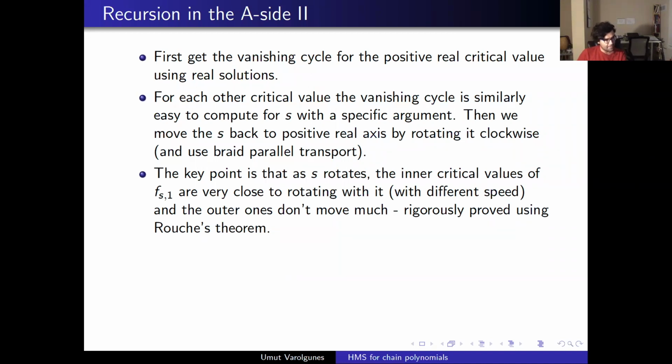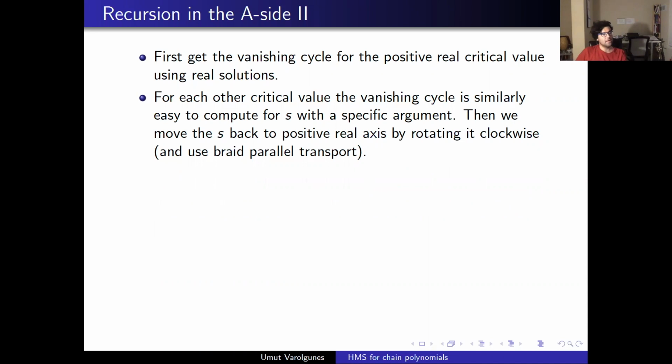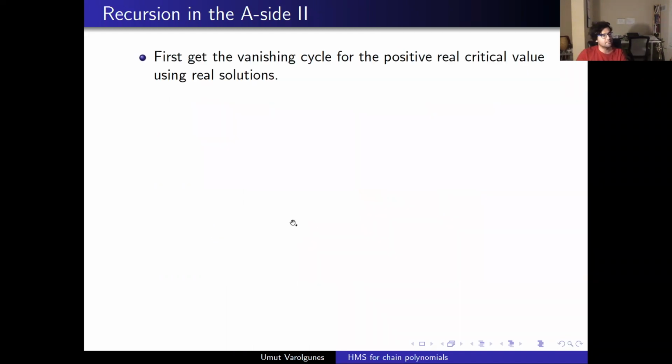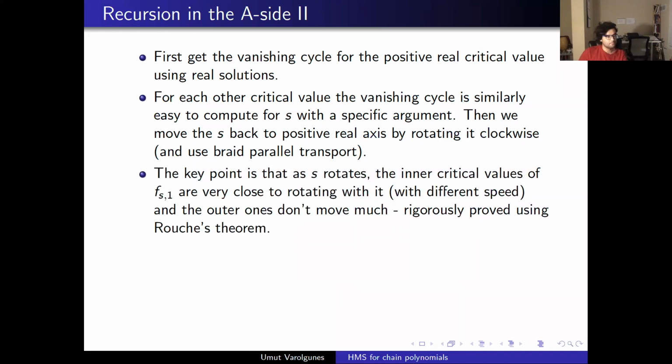And the point is that as S rotates, what I see is that the outer critical values don't move that much, but the inner ones rotate. As S rotates, the inner critical values rotate at a different speed, but just uniformly rotate. There's some kind of conversion factor between how fast S rotates and how fast these guys rotate. And that, with this observation that I made, gives this result.